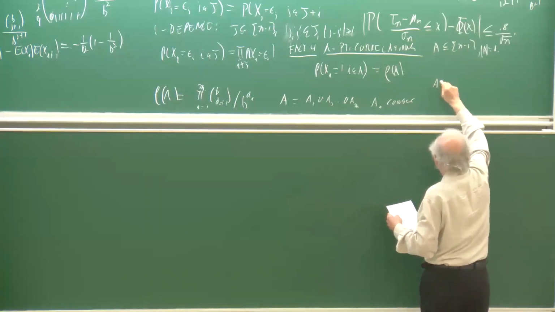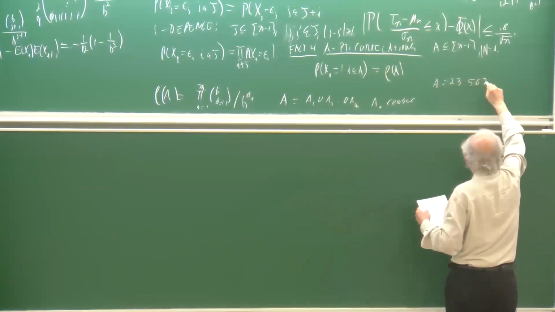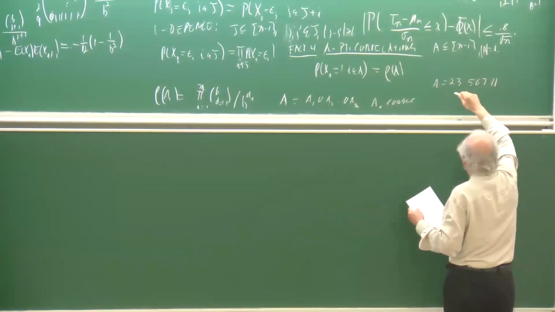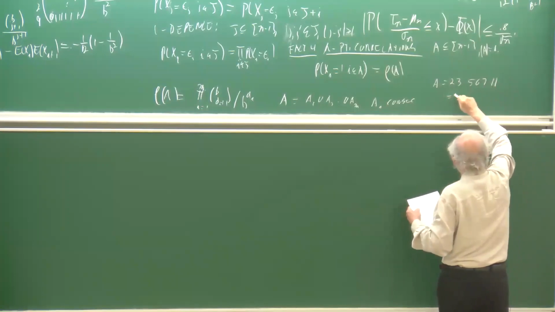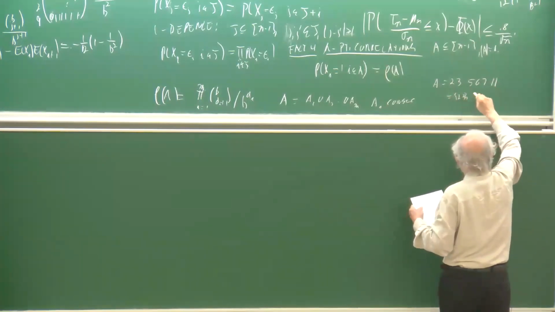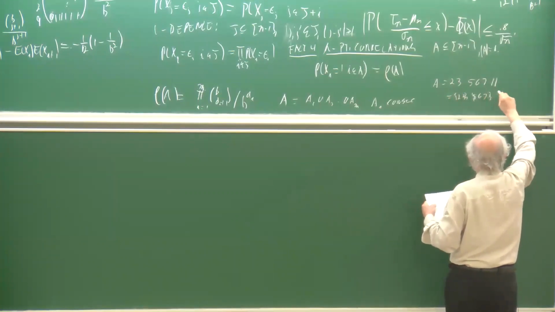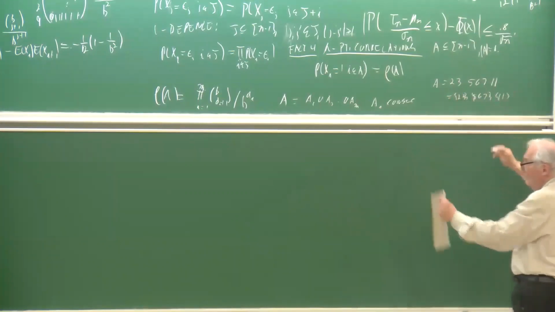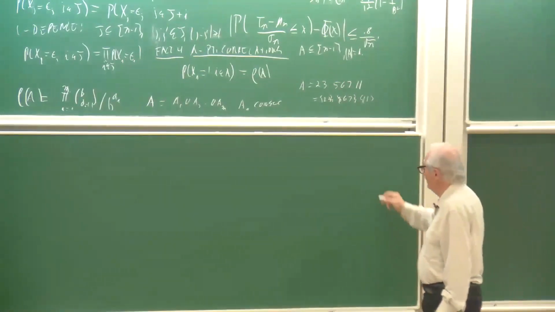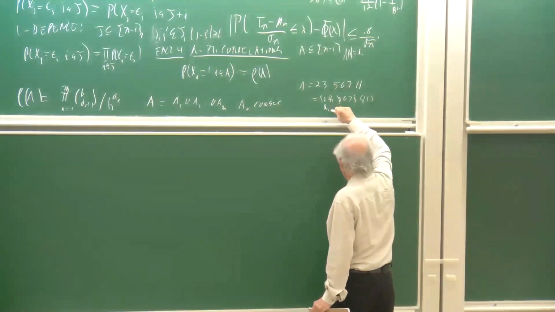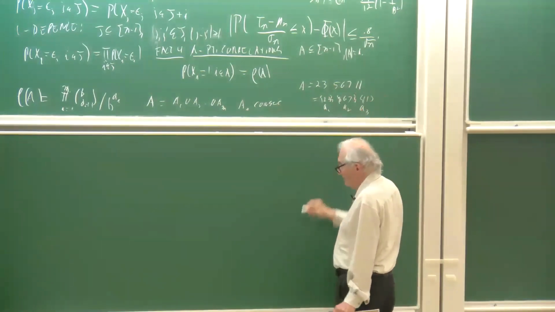If A was equal to 2, 3, 5, 6, 7, and 11, then that's equal to 2 and 3, 5, 6, and 7, and 11. So you can express your sequence as a disjoint union of consecutive blocks, this is A1, A2, A3, and the number of blocks is M.